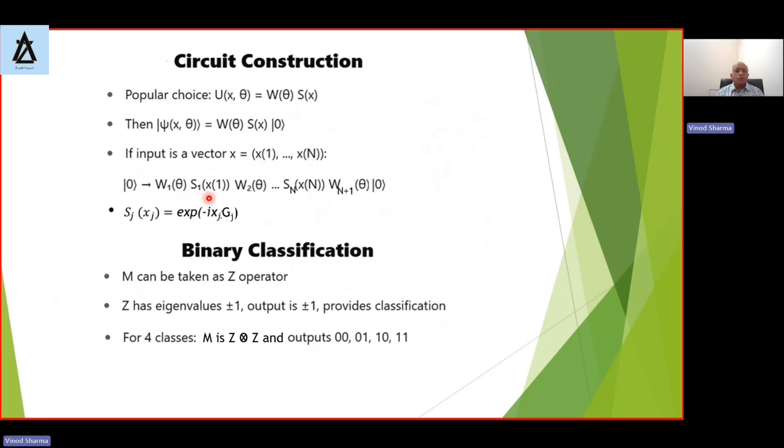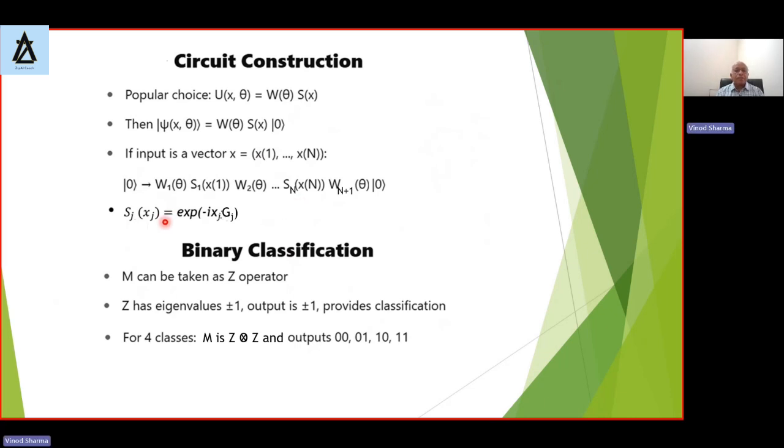The x1 component goes to S1, the x2 component goes to S2, and the xn component goes to Sn. This is how we denote U(x, theta) in the case of a vector x. You feed this quantum circuit the input |0>, and at the output you are going to get this.